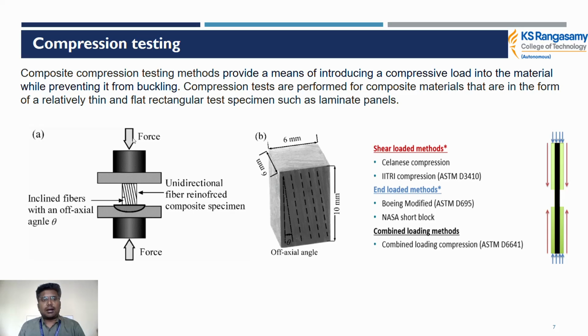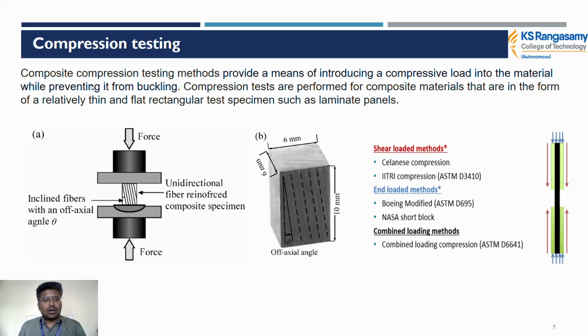Next method is compression testing. It is similar to tensile testing. In tensile testing a pulling load is continuously applied; in compression, a pushing load is continuously applied in the machine. Here also we use the UTM, universal testing machine.